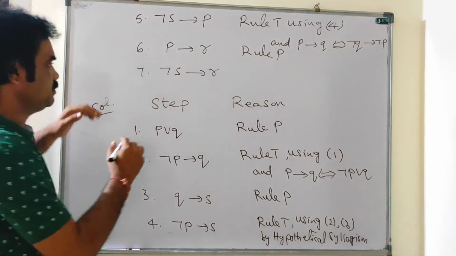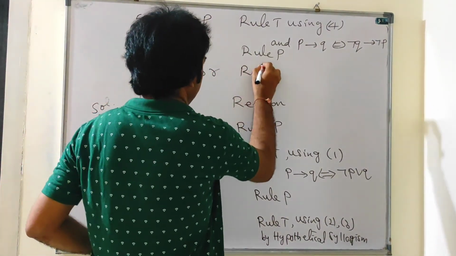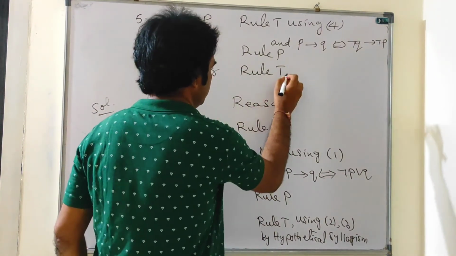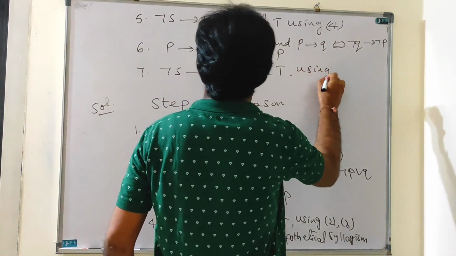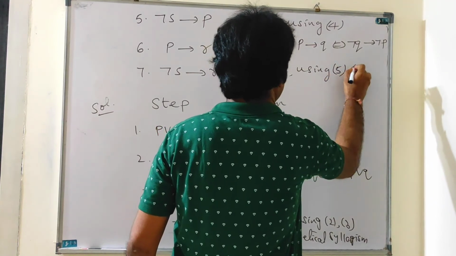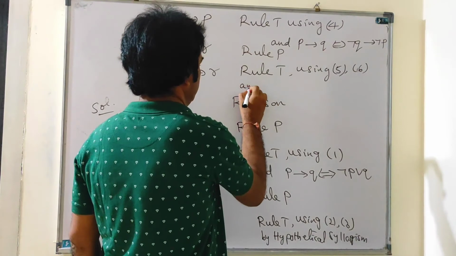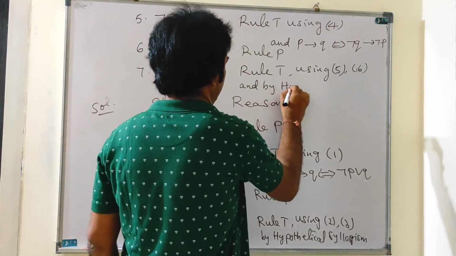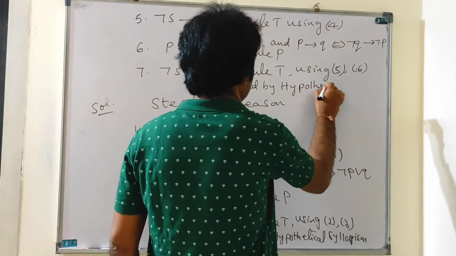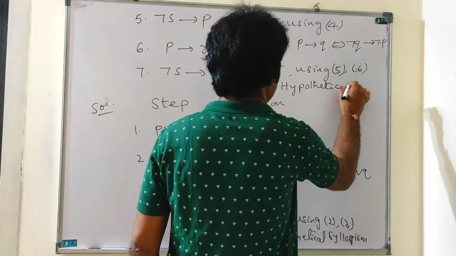Rule T: if you use a formula, rule T, using 5, 6 and hypothetical syllogism.